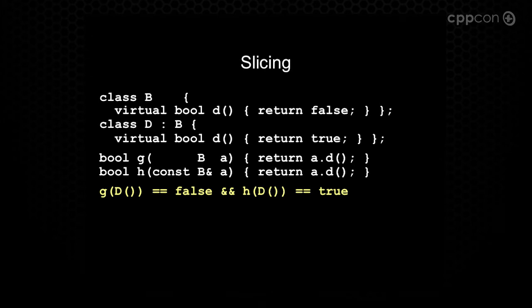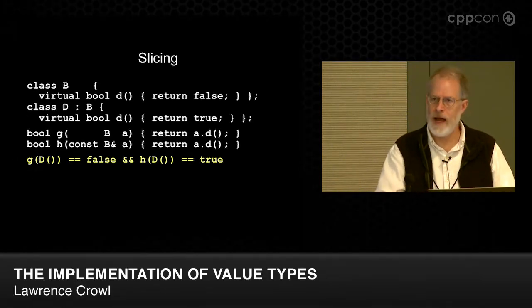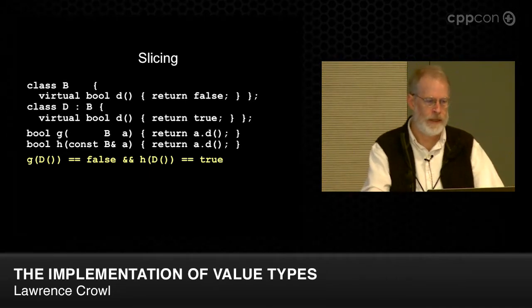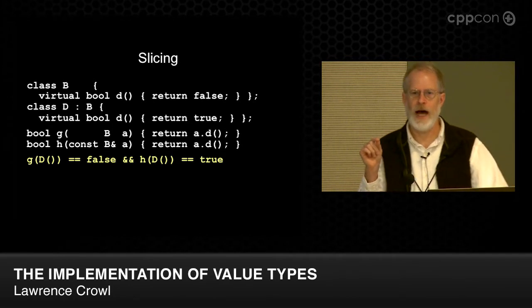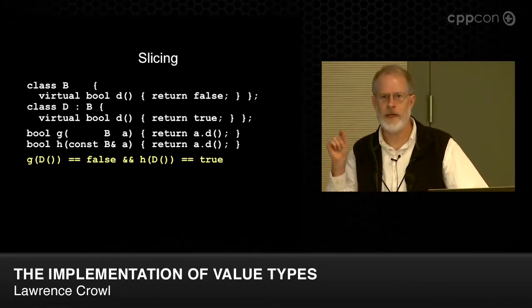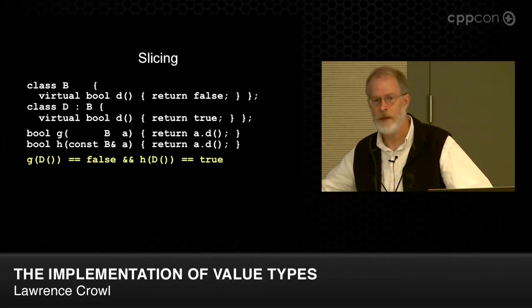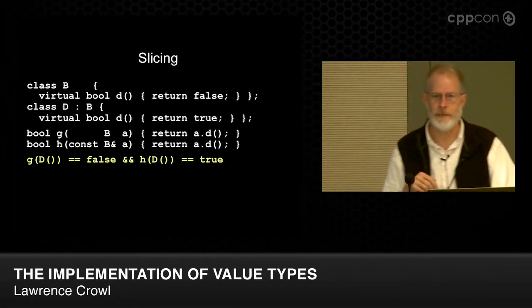But before I go into a detailed assessment of which way is best for performance, I want to talk about slicing. If you have const ref, you can get different function results than if you have a value copy. In particular, virtual functions no longer get looked up if you're doing a value, because you're extracting the base type from the original type. Whereas with a const reference, you're keeping focused on the original type.